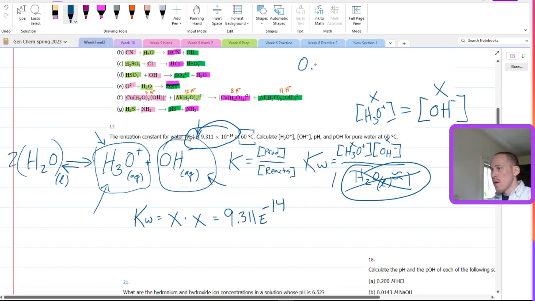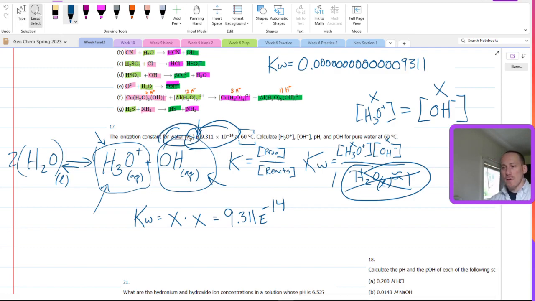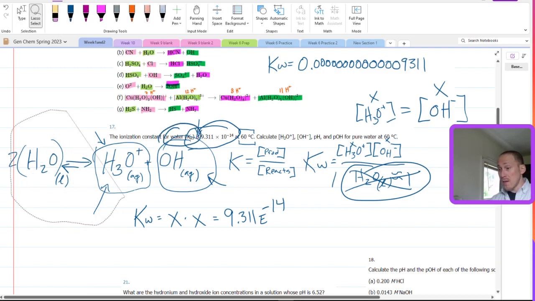We're talking 1, 2, 3, 4, 5, 6, 7, 8, 9, 10, 11, 12, 13, and then there's our 14. So that's what Kw equals. That's a very small number. And that makes sense. Mostly the water stays water. It mostly does not become acid and base.